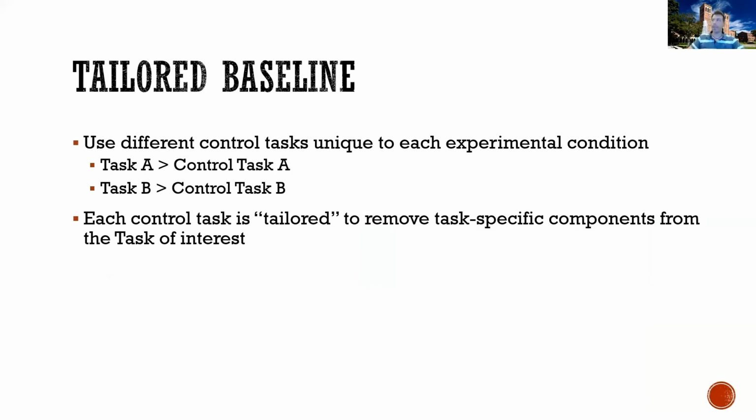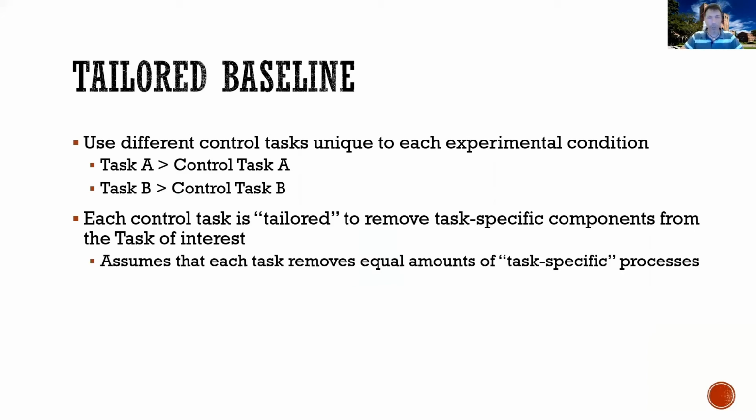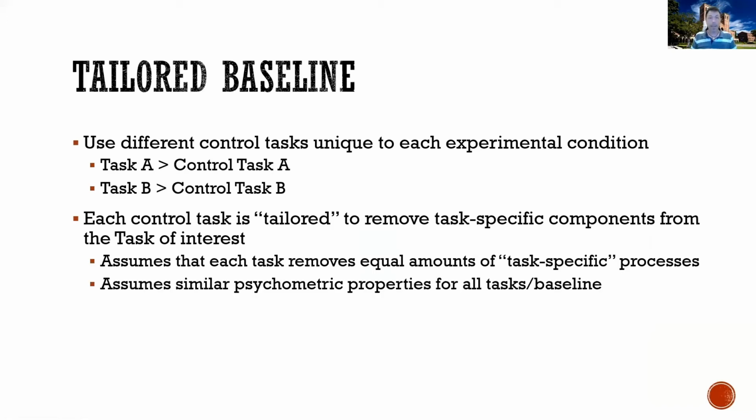Now, of course, this task also has its own assumptions. For example, it assumes that each baseline removes the same amount of task-specific processes from its task of interest. So it assumes that control task A removes the same sort of task-specific components from task A, the same way that control task B removes task-specific stuff from task B. It also assumes, again, that both the tasks and the baselines have similar psychometric properties.